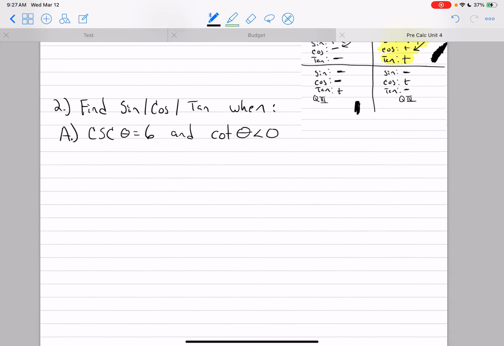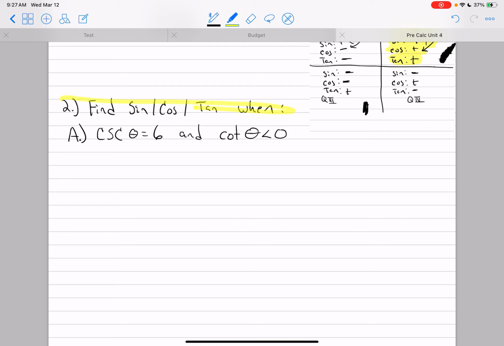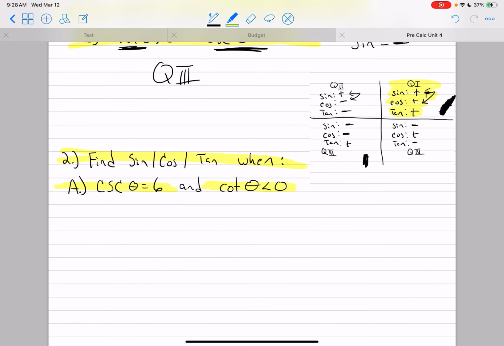All right, next up, find sine, cosine, and tangent when you have a cosecant of theta at 6 and a cotangent of theta that is negative. Okay, so first of all, let's figure out what quadrant we're talking about.